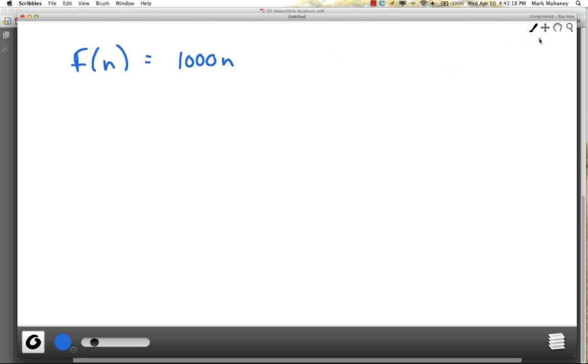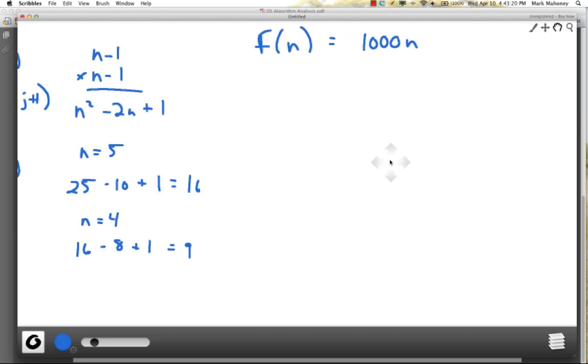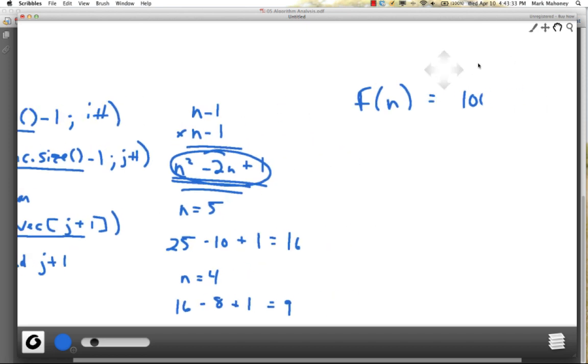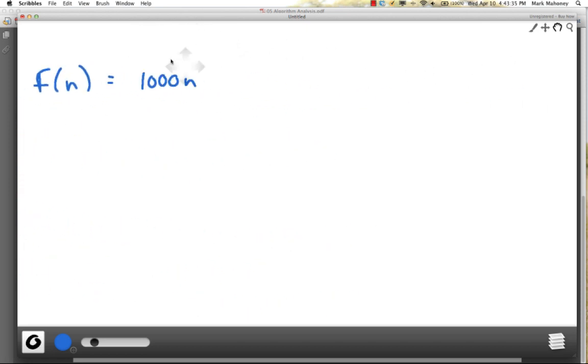Again, these functions I'm talking about are just a little bit of arithmetic that states the problem in terms of the size n. So we could describe it by saying it's 1000 n. Whatever n is, we're going to do basically 1000 operations per each item.